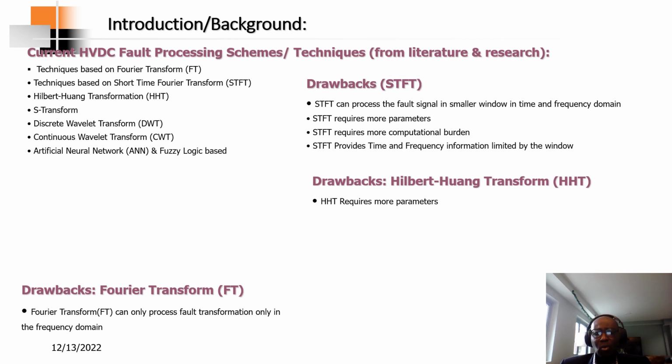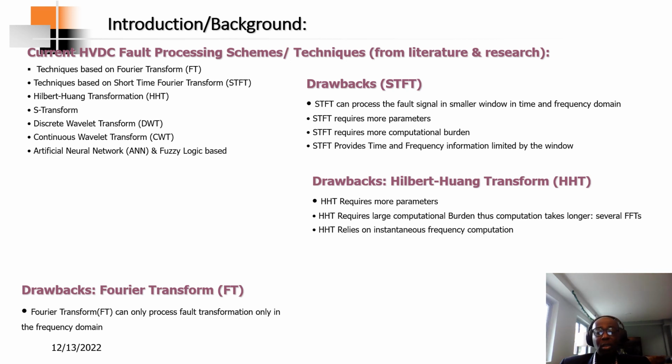Then again, Hilbert-Huang transformation also requires more parameters, and if it requires more parameters, that also translates into more computational burden, and also takes longer to detect the fault, and that won't be ideal for DC protection. It also relies on the instantaneous frequency computation, and as you know, for DC faults, the frequency components are very dynamic.